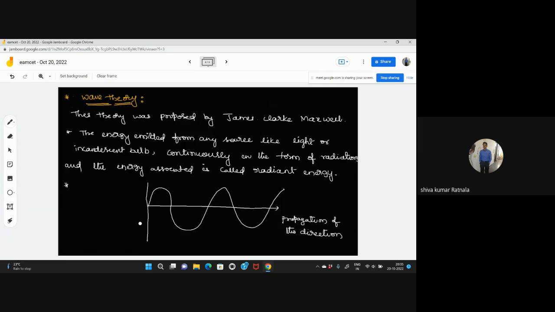While these radiations are coming, they produce two types of fields.